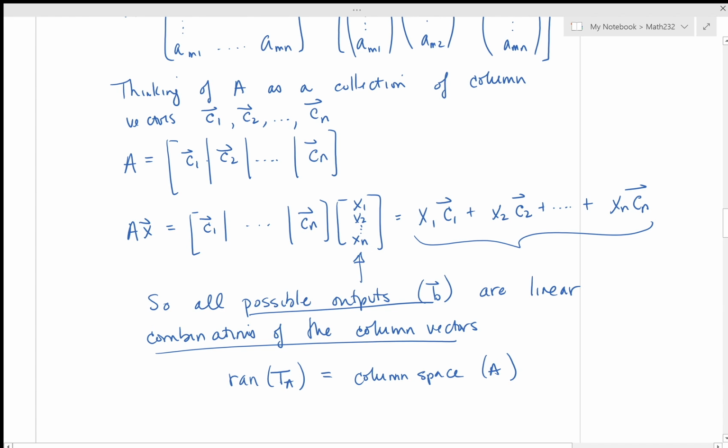So we don't necessarily have to look at this geometrically, thinking I have this input in, say, Rn, and trying to figure out where exactly all those vectors go and what kind of space that looks like. I don't have to do that. I can simply find the column space, and that is the range.